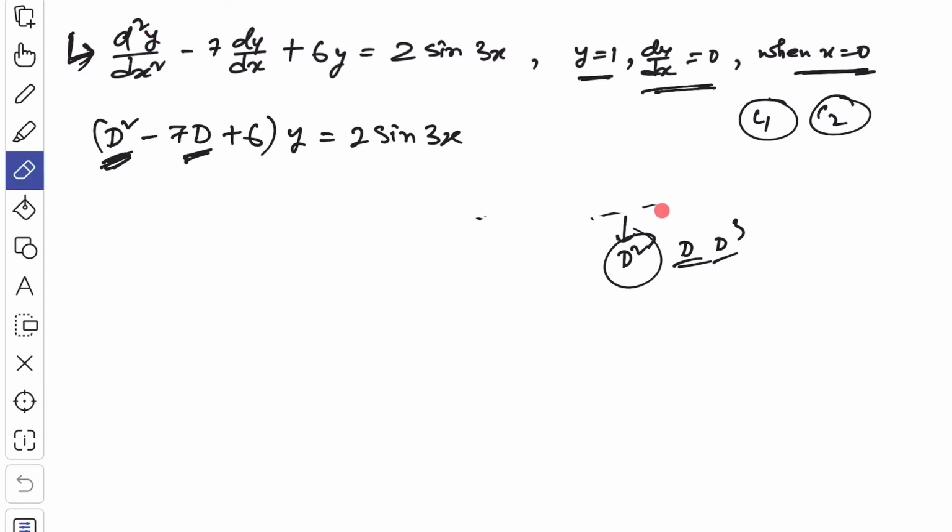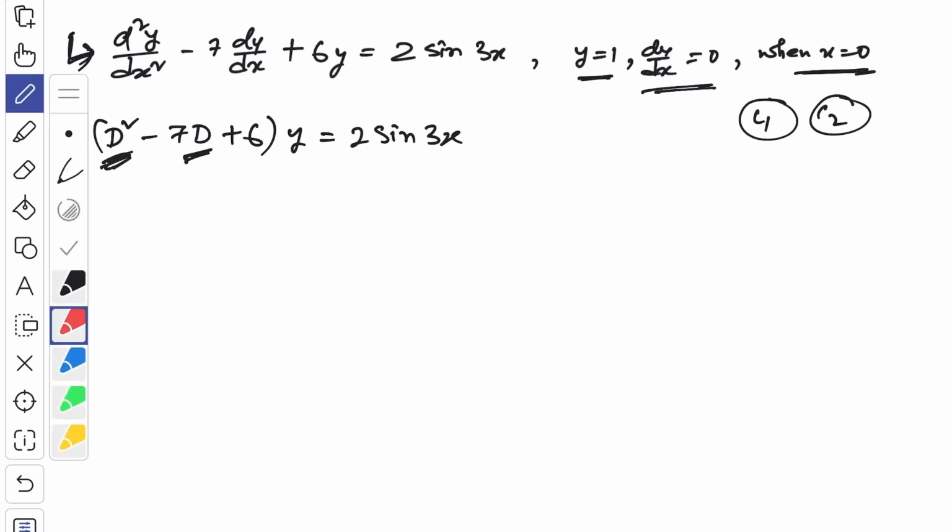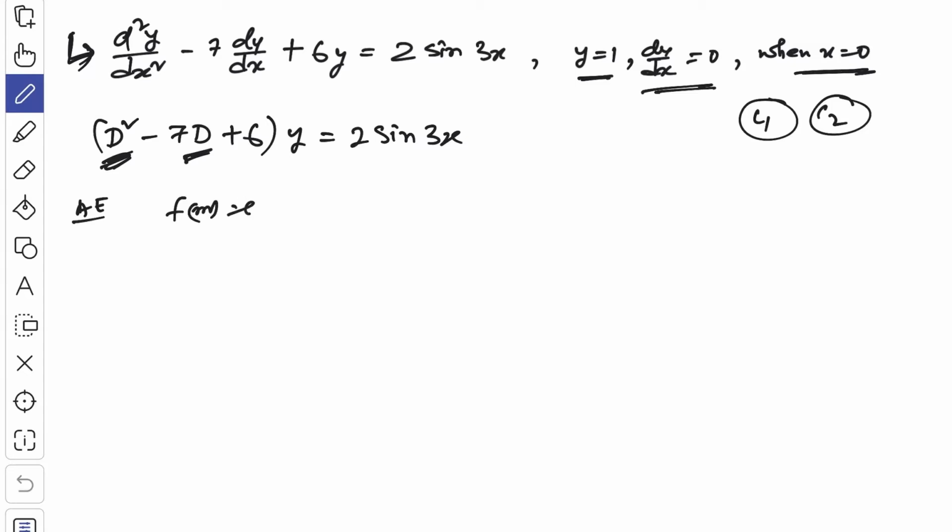First let me clean this. Our auxiliary equation is f of m equal to 0, which means m square minus 7m plus 6 is equal to 0. This is a simple quadratic equation.